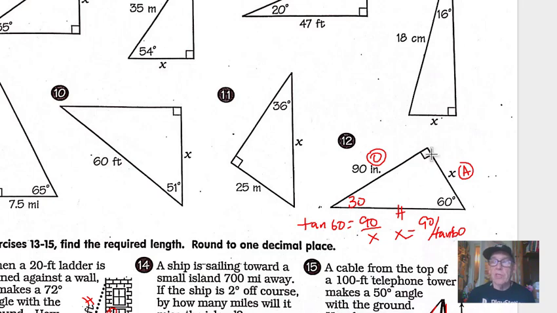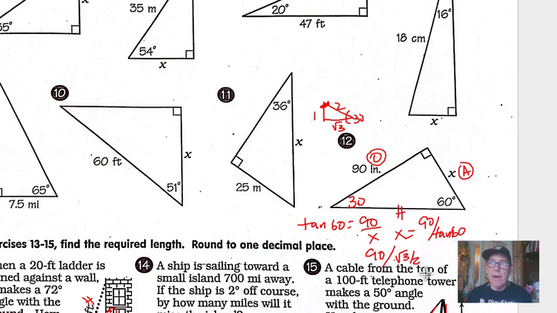Now, tan 60, if I quickly sketch a 30, 60, 90 triangle, 1, radical 3, 2, this is the 60. Tan 60 is opposite over hypotenuse, that's root 3 over 2. So I'm dividing 90 by root 3 over 2.